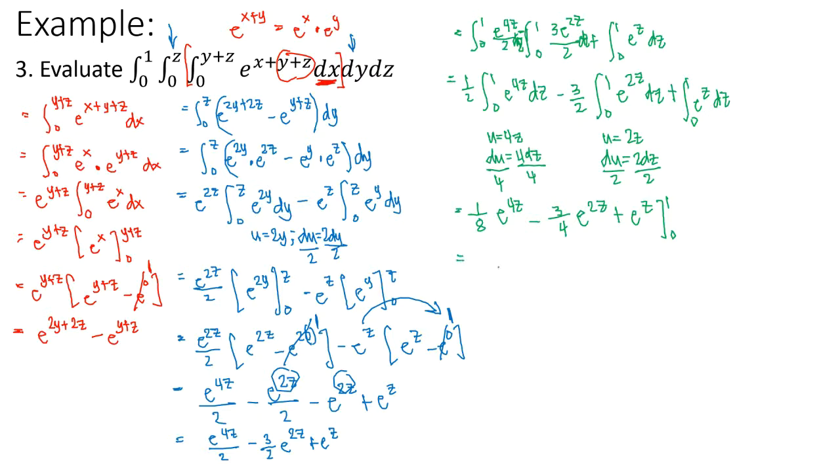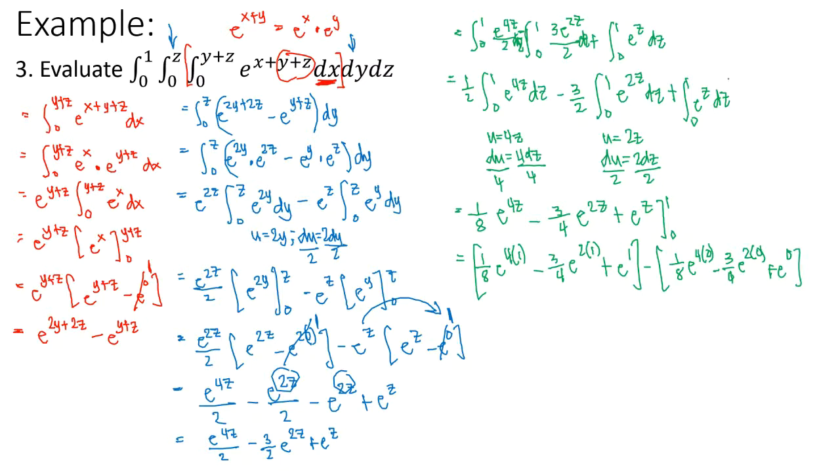So substituting the limits, we have 1 over 8 e raised to 4 times 1, minus 3/4 e raised to 2 times 1, plus e raised to 1. That is for the upper limit, minus the lower limit: 1 over 8 e raised to 4 times 0, minus 3/4 e raised to 2 times 0, plus e raised to 0.